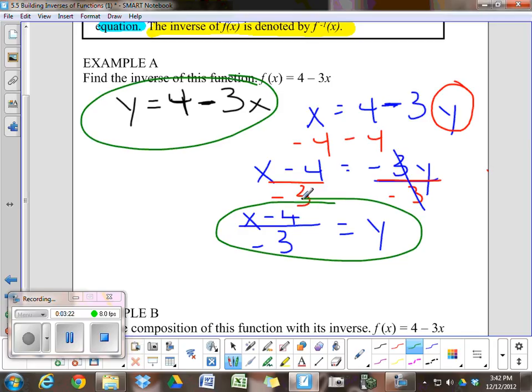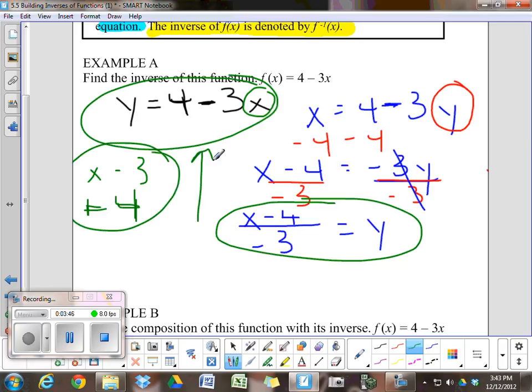If we think about it in terms of if you were x, the first thing you would do is multiply by negative 3, and then you would add on that 4 that you see there. If we think about what an inverse is, it's taking these two steps and working backwards and doing the opposite.